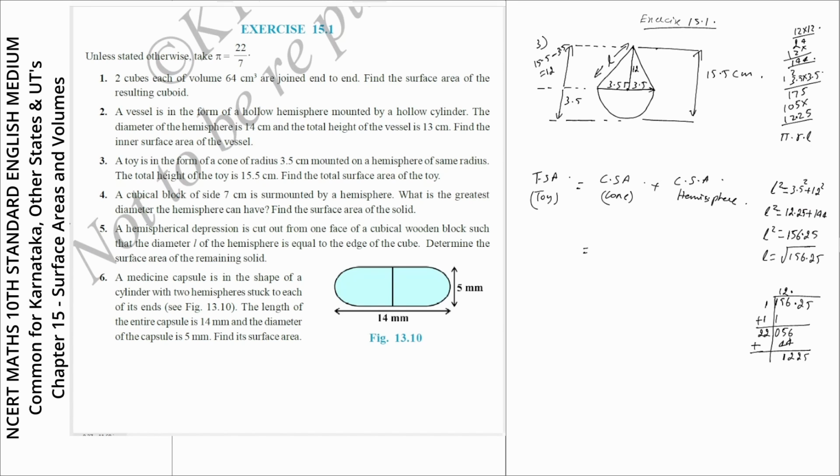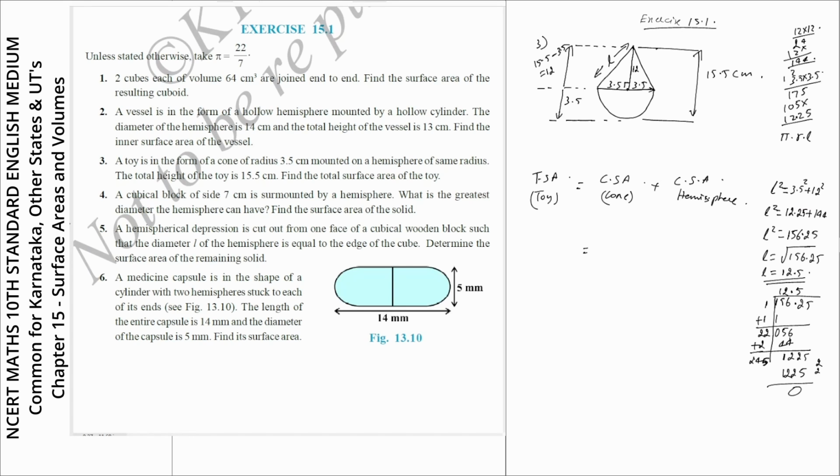Now I'll add this 2 to this 22. 22 plus 2 is 24. So now 245 into 5 is 1225, so I'll get 0. So square root of 156.25 is 12.5. Actually I should get L is equal to plus or minus 12.5, but I'll reject the negative value. I'll take positive value only, because slant height can be only positive.